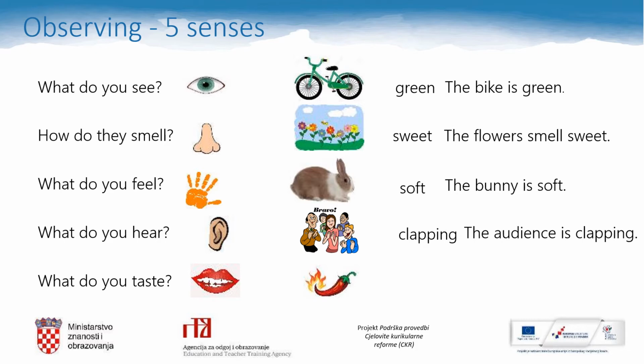And what is this? Chili pepper. What do you taste if you take a bite? Spicy or hot, right? So what do you observe? The chili pepper is spicy or hot.